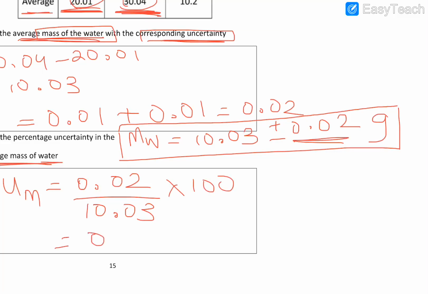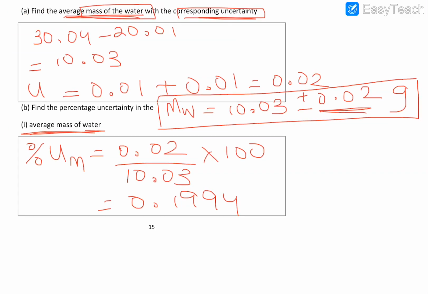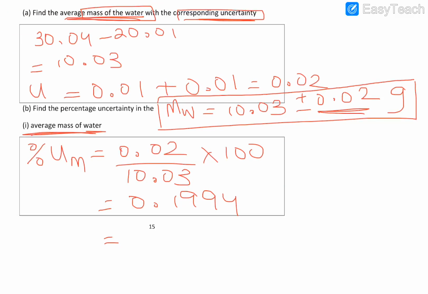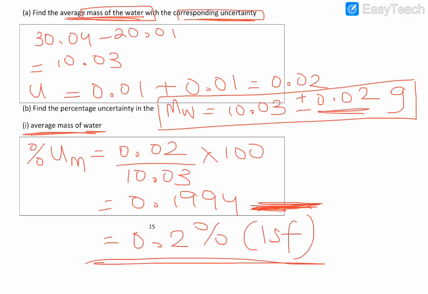That's going to give me, but because it's uncertainty, I'm going to give the answer to 1 SF. So that gives me 0.2%, 1 SF. Okay? Usually percentages have the habit of always giving it to 1 SF. Keep the value on your calculator, the calculator value, keep it, because if you're going to use this value in other calculation, you're going to use the calculator value. But when I'm reporting the value, the answer, I'm going to give it as 1 SF. Okay?